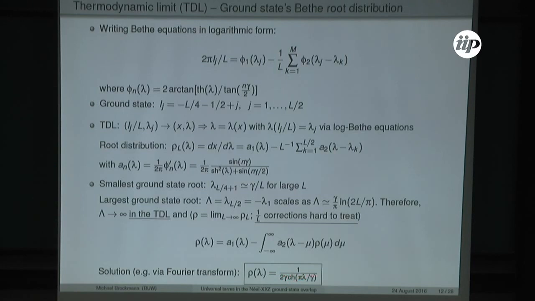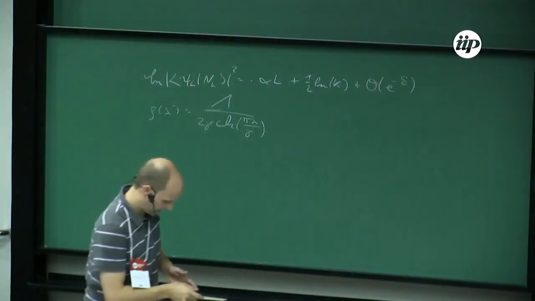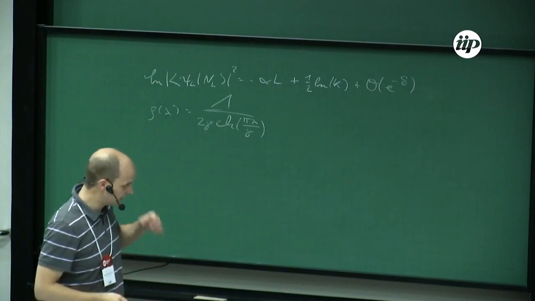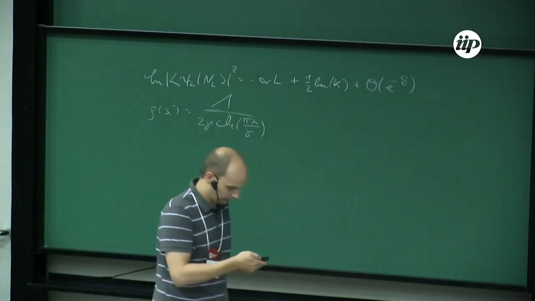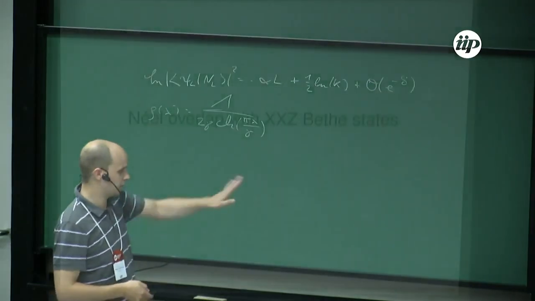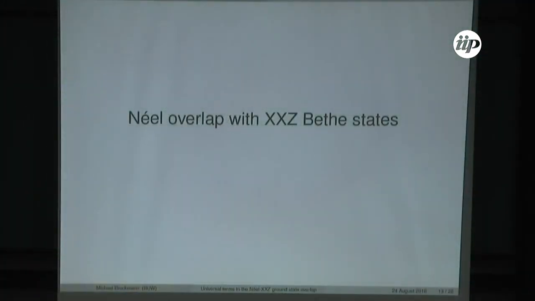Since we need this later when analyzing the overlap formula by means of the Euler-Maclaurin formula, which will come at the end, I just keep it on the blackboard.